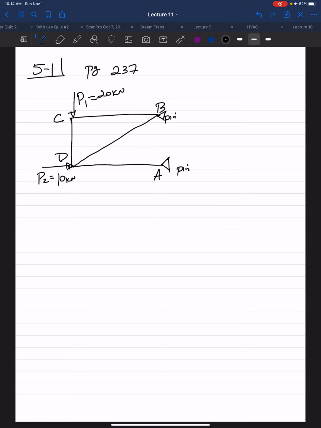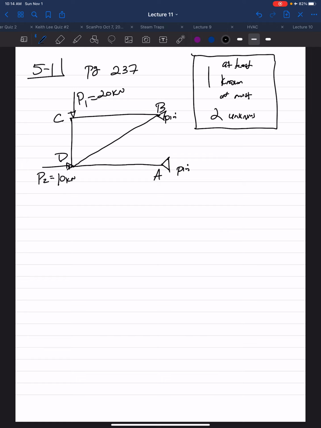So remember our rule: start at a joint with at least one known, at most two unknowns. This is our rule. So joint C has one known, P1, which is 20 kilonewtons, and two unknowns, members CD and CB.